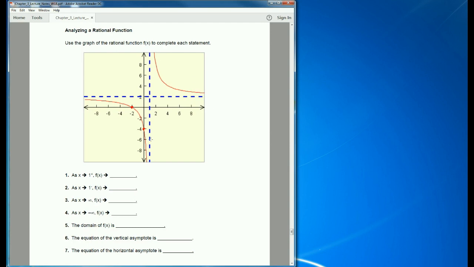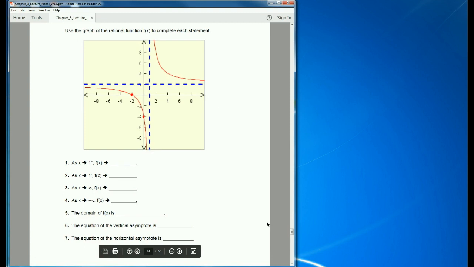It's got a vertical asymptote indicated, it's got a horizontal asymptote indicated, and all you need to do is fill in the blanks here. All right, so what I want you to do is pause briefly, fill in the blanks, and then I'll resume and you can check your answers.